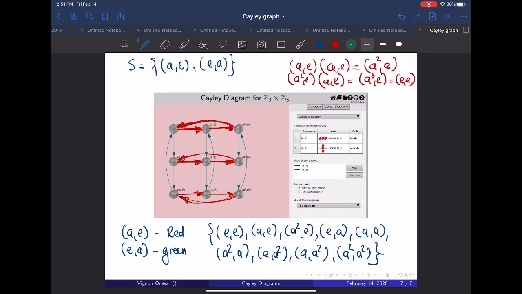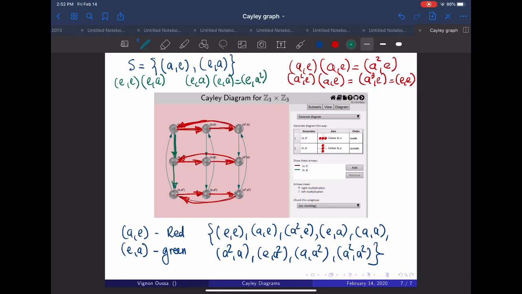Now, to get to EA, we can't use a red color. We'll need a green color. So to this end, we'll start with EE, and we multiply EE by EA, and we get this element here. And if we take EA times EA, we'll get EA square, which will be this element here.